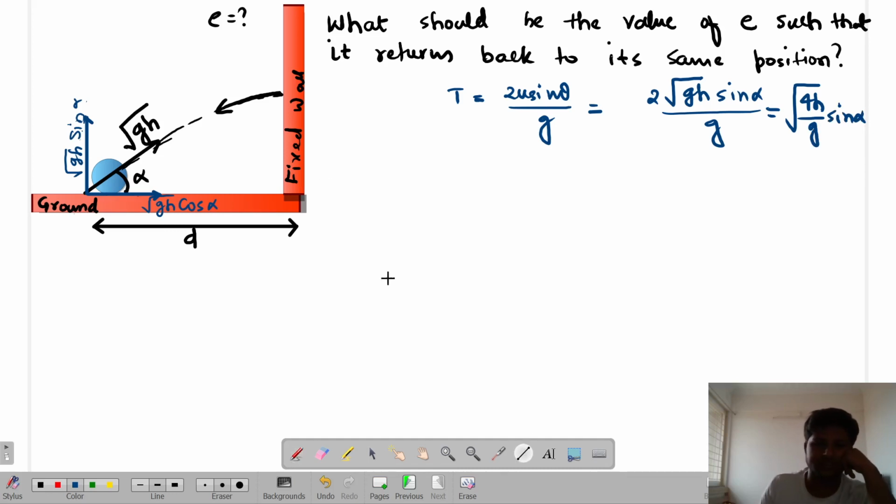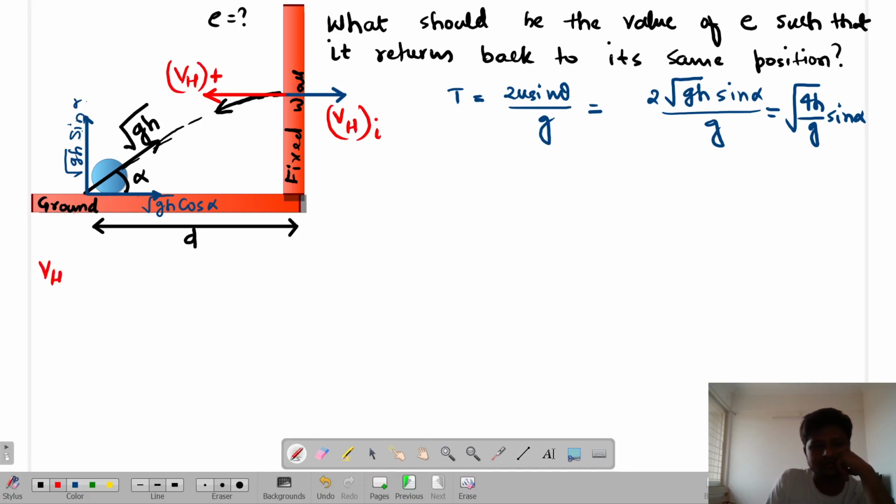Now, as the ball is projected, it will come with the same velocity over here, but it will be thrown back with a different velocity, isn't it? This is velocity along horizontal initial. This is velocity along horizontal final.